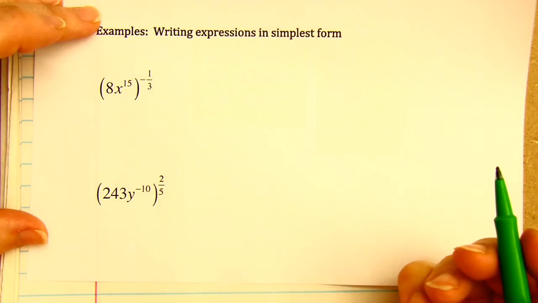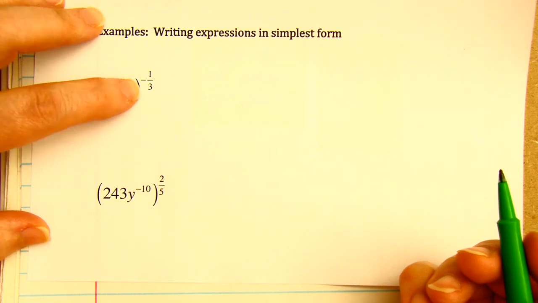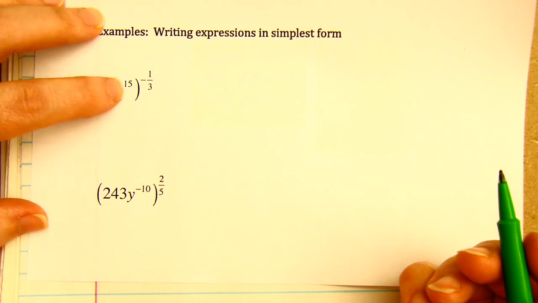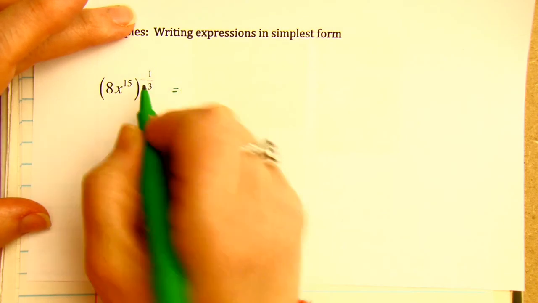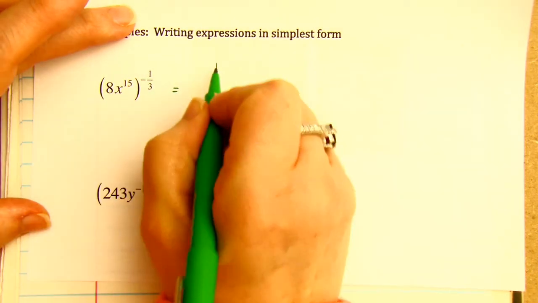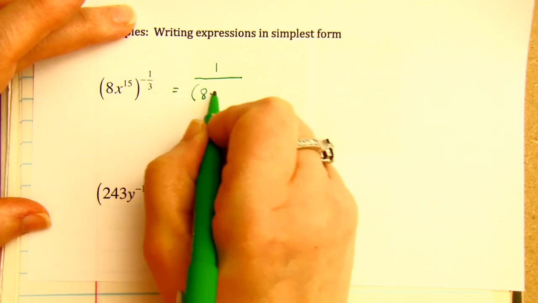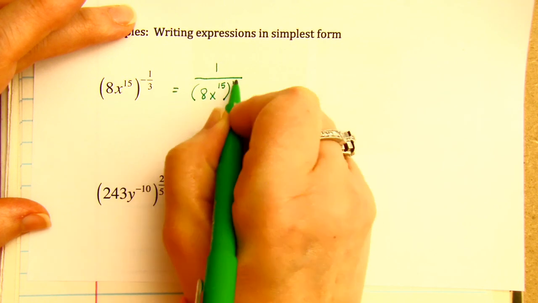All right, I got 8x to the 15th power. Raise that product to the negative 1/3 power. So both 8 and 15 are getting raised to this power. Well, I could change the sign of the exponent right away and write this as 1 over 8x to the 15th power raised to the positive 1/3.